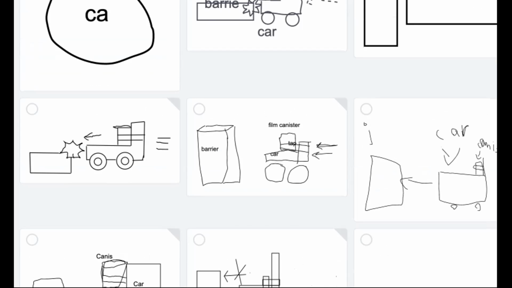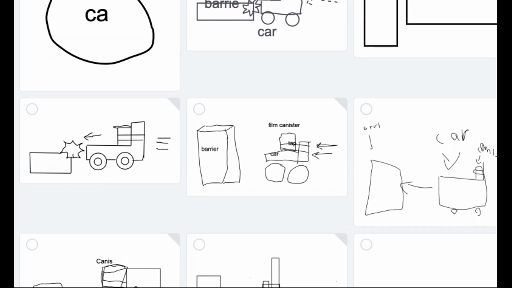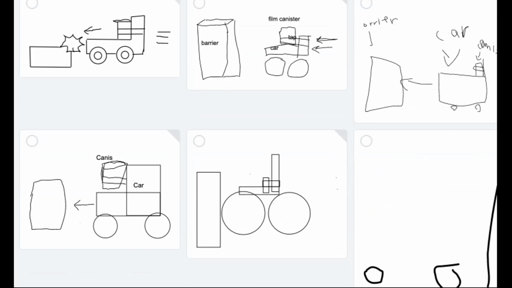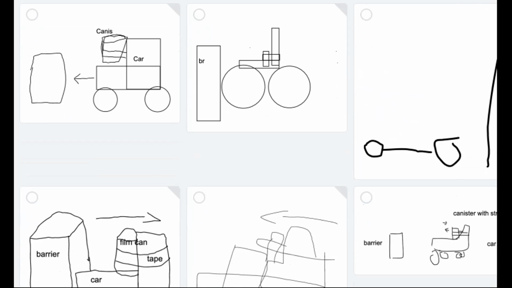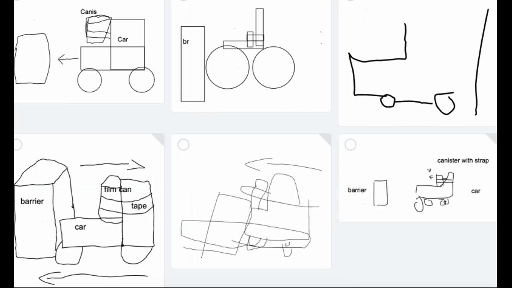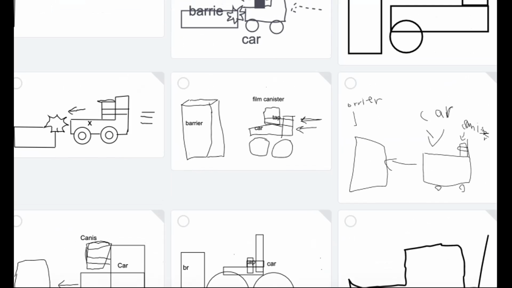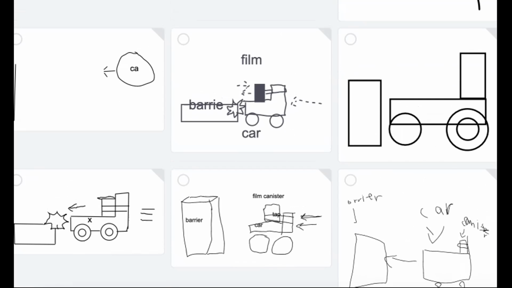And to make it a great diagram, you need to add labels. I see an arrow, so that's good. Now we need to label everything. Okay. Good. Let's make sure we label. We're always going to label, whether we are wonderful artists or not, we need to label.